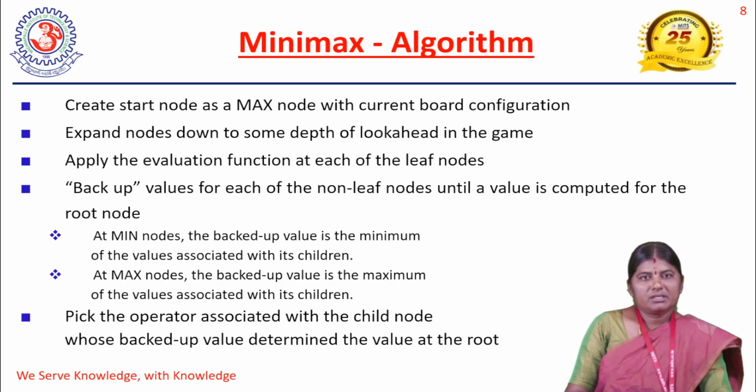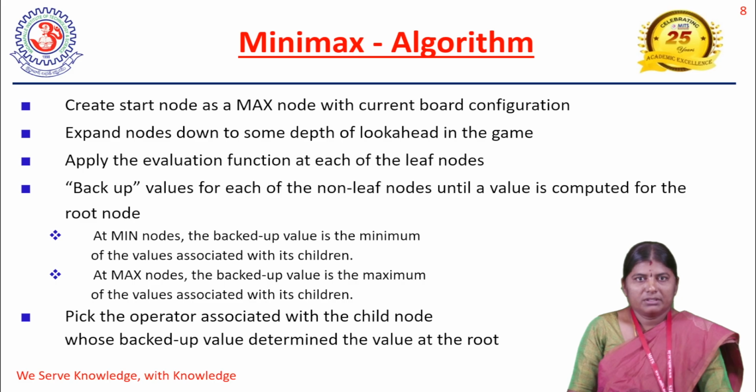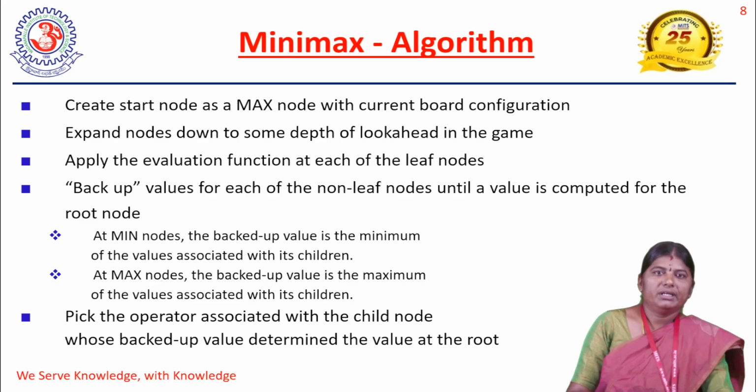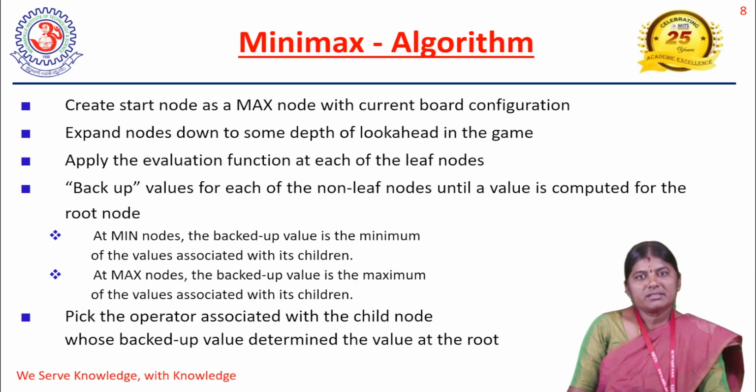To implement this algorithm, the game tree has to start with a max node. Conventionally, we consider that the max player plays first in the board configuration. We expand or traverse nodes from the root node to the leaf nodes and apply the evaluation function at each of the leaf nodes. So the leaf nodes always have the utility values.